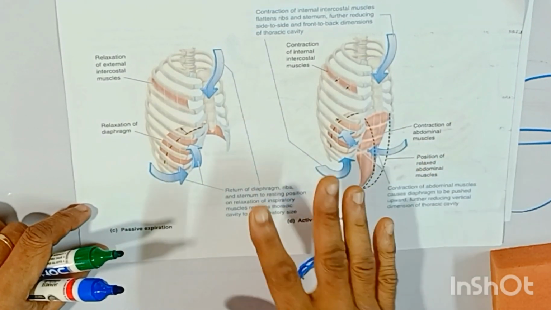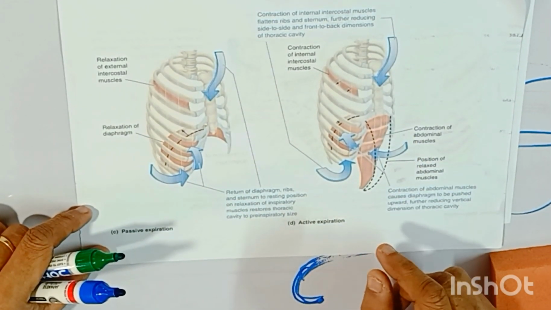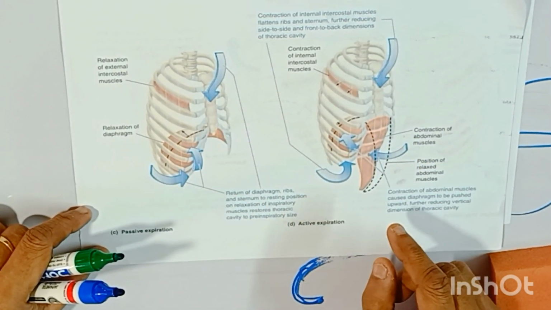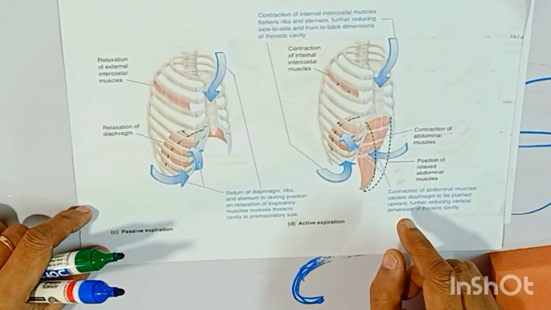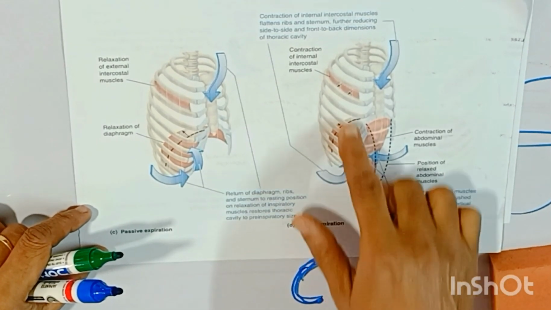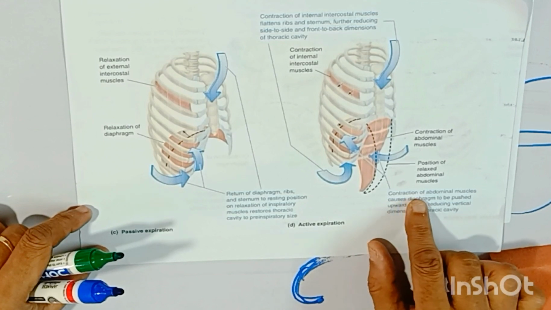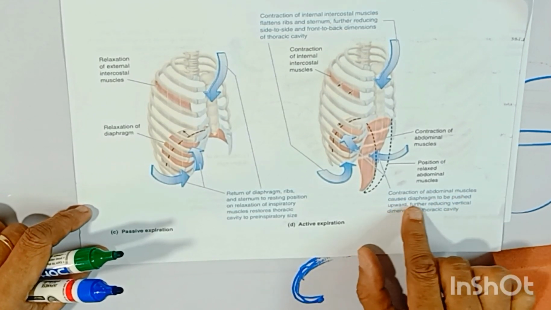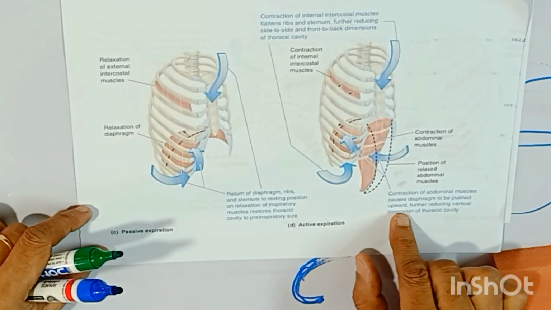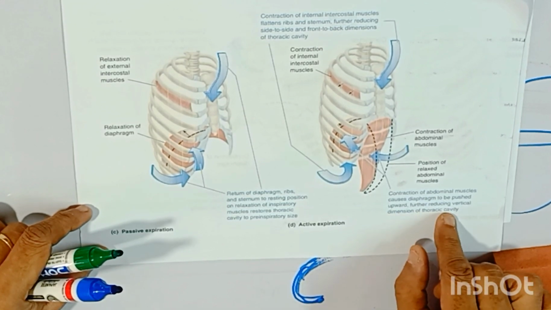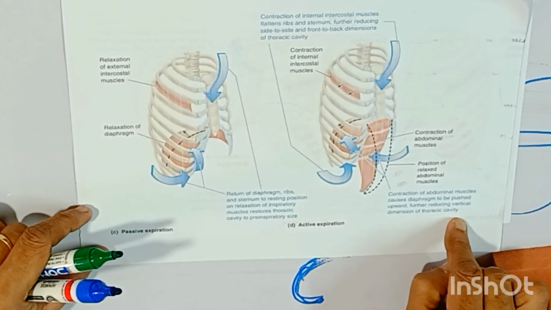This illustration is from Sherwood. The contraction of the abdominal muscles causes the diaphragm to be pushed upward, further reducing the vertical dimension of the thoracic cavity.